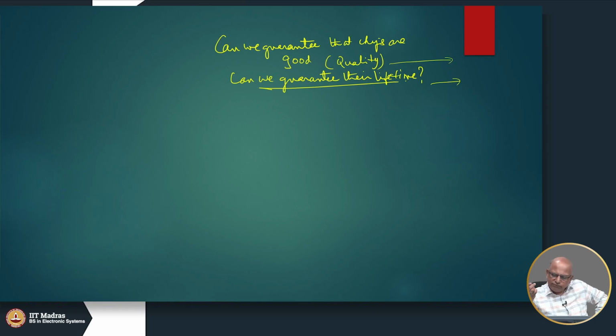And even if you do have a customer who is willing to pay a very high price for high quality, high reliability chips, you can never make a statement that this chip has no fault, or this chip will survive for 5 years.